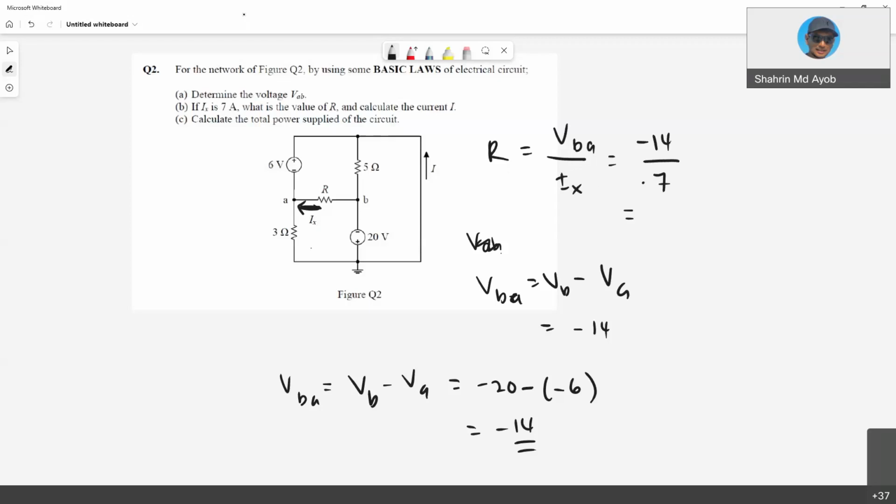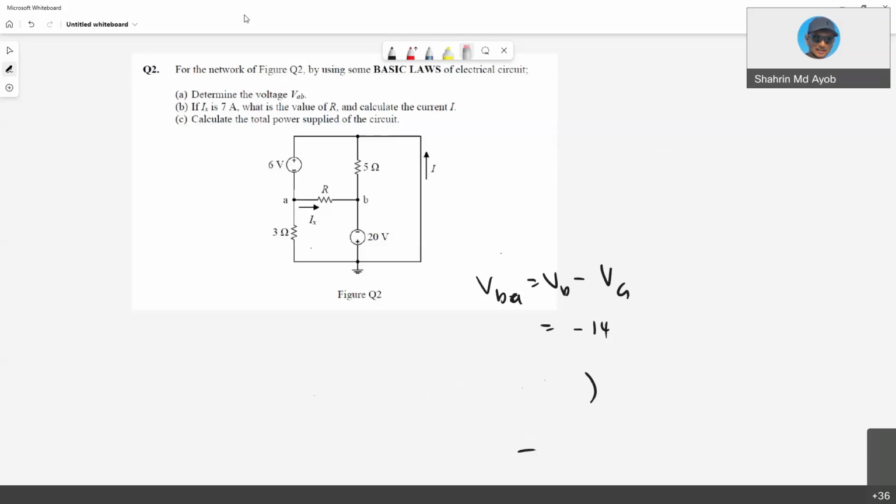Oh, okay, Doctor, I think it should also be negative 7, because the current direction is also changed, not the voltage polarity. Okay. I think this question is not very suitable for me to do this kind of example. So please ignore that.